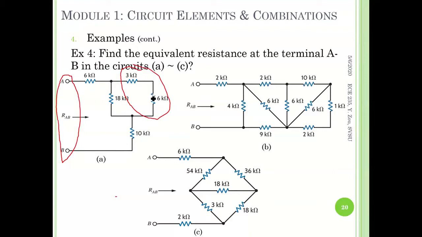Combining these 2, we then see a clear parallel between 18K and this combined 3 and 6K. After that, this entire thing is series connected with 6 and 10K. And then we are done with finding the total resistance RAB.